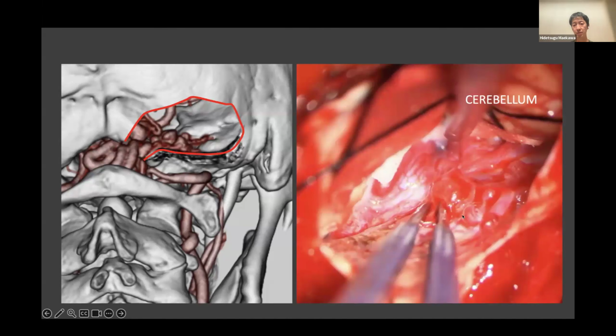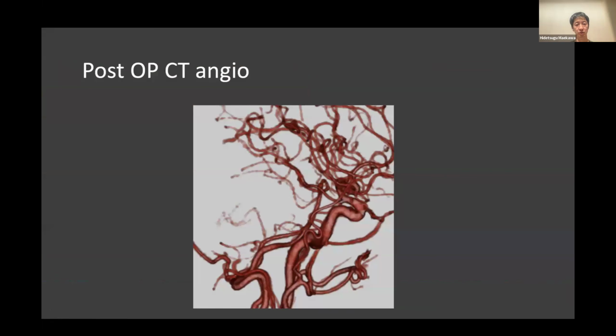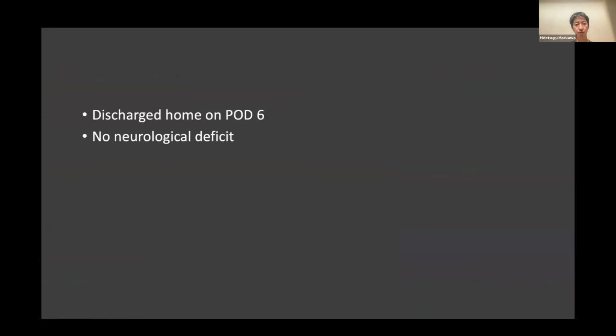This is a cerebellum, and this is a cerebellar convexity, and this is a foramen magnum. This is the right cerebellum, and as you can see, this is a draining vein, which is red. And what I did was to coagulate the vein here, and the shunt was gone on post-op CT angio. He was discharged home on POD6 without any neurological deficit.